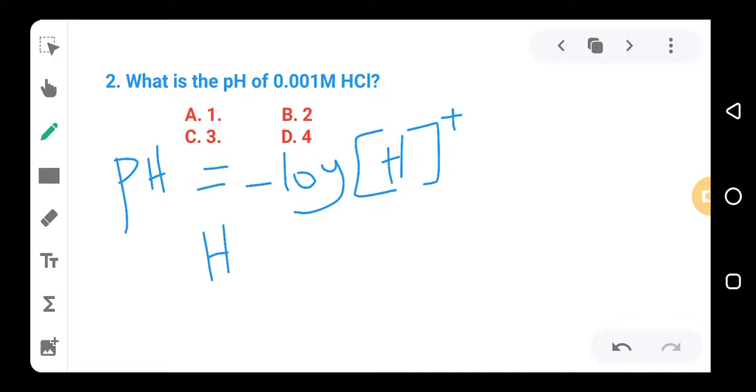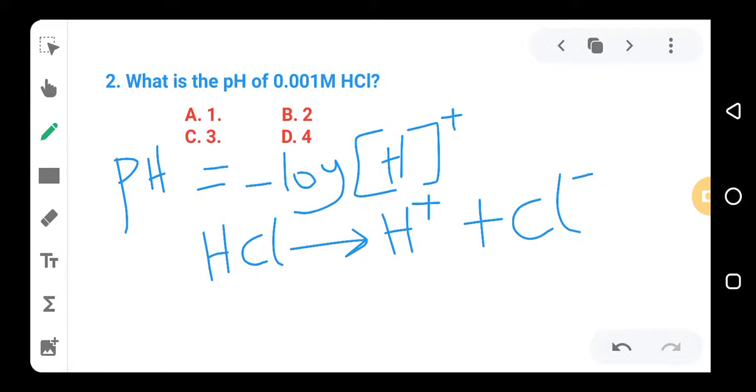HCl, if it is dissociated or ionized, will give hydrogen ion plus chloride ion. So we have 1 mole. If we use 1 mole here, we are going to produce 1 mole here.